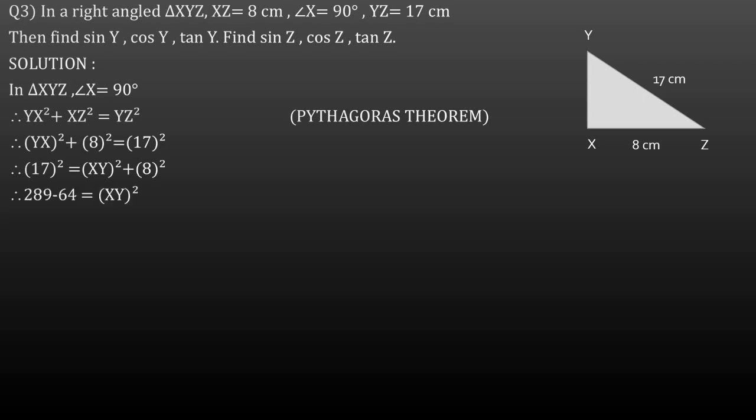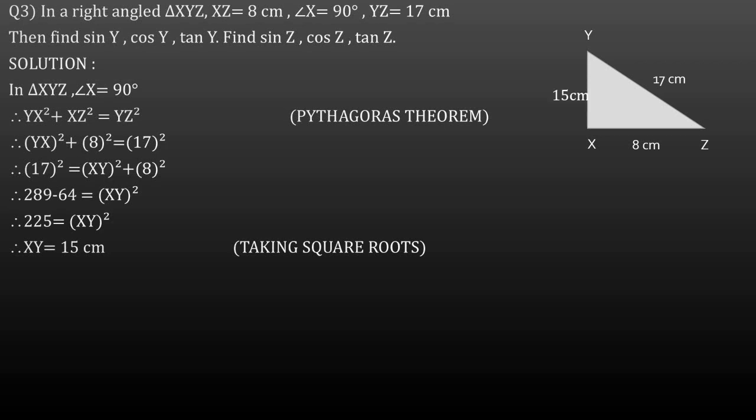So therefore 17 square is 289 minus 8 square is 64 is equals to XY square. 289 minus 64 is 225 is equal to XY square. Now by taking square root on both the sides we get XY is equal to 15 centimeter. So we got the value of third side.